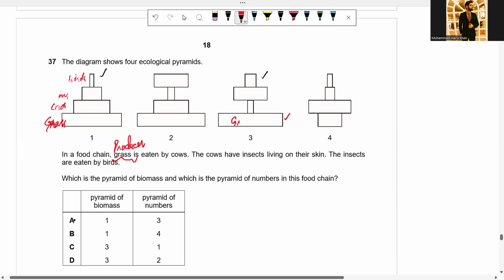Grass will always be at the bottom, and then the cows. Cows are less in number but have large mass as compared to the insects and birds. Now, the insects are more in number but less in mass. So these are insects, and then the birds. So the answer will be A.